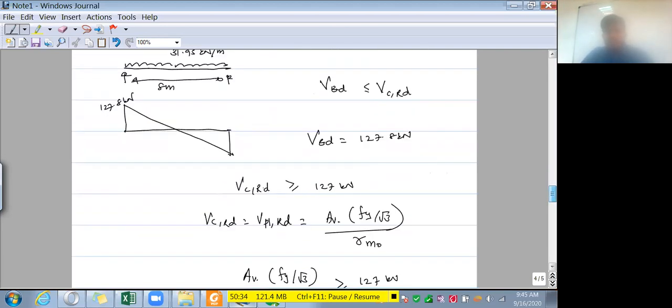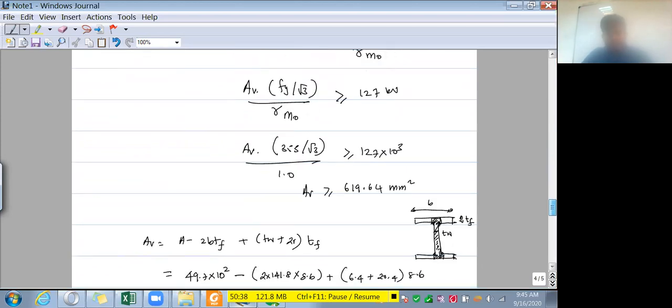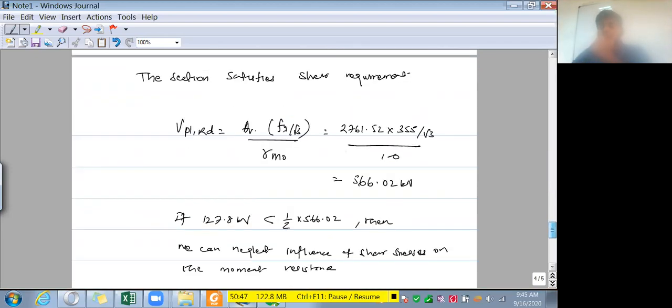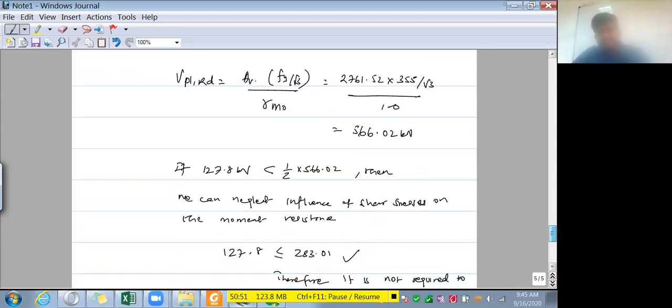We calculated shear force and the shear area, and we have checked for combined shear and bending moment resistance.